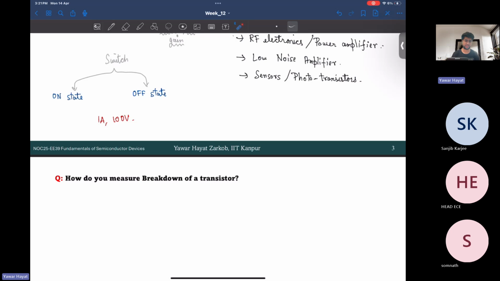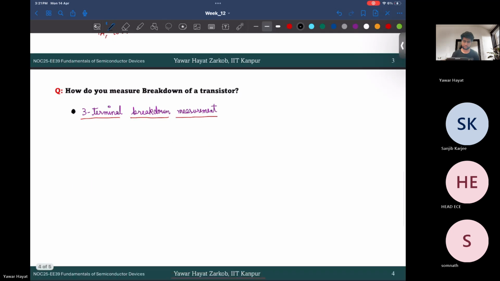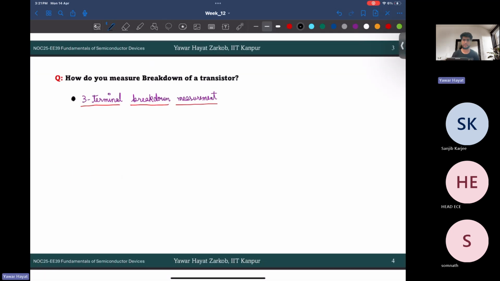A measurement was shown: the three-terminal breakdown measurement.